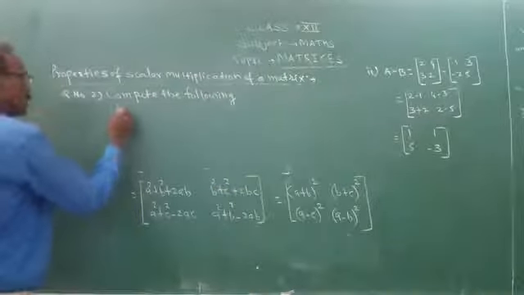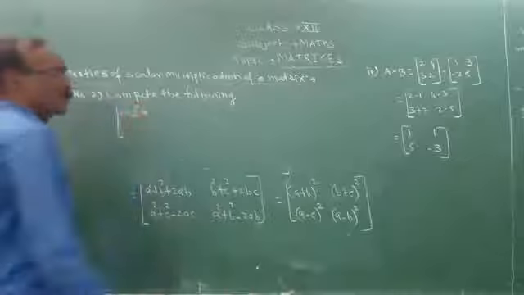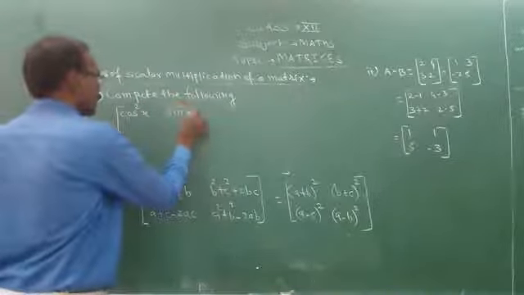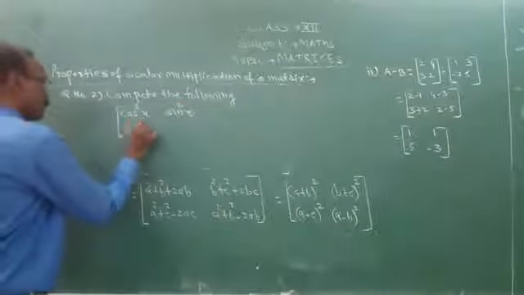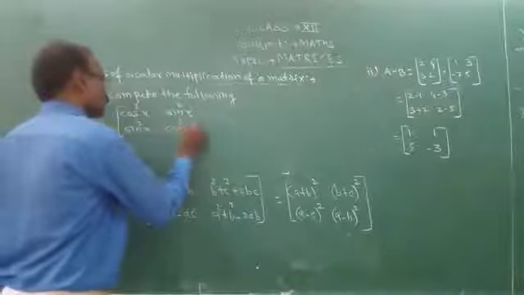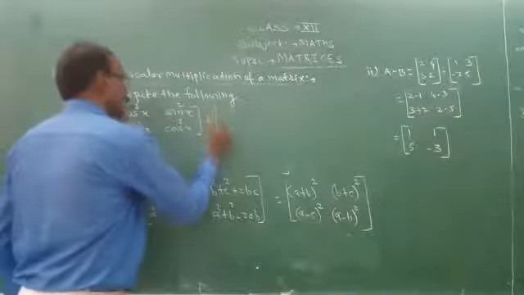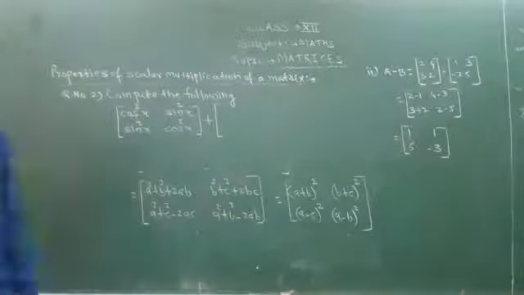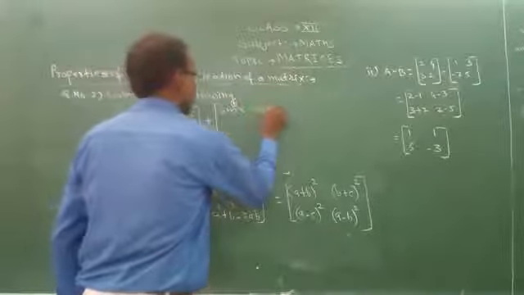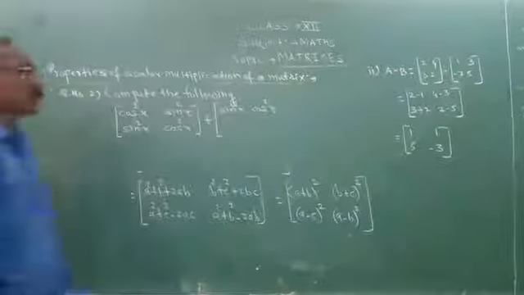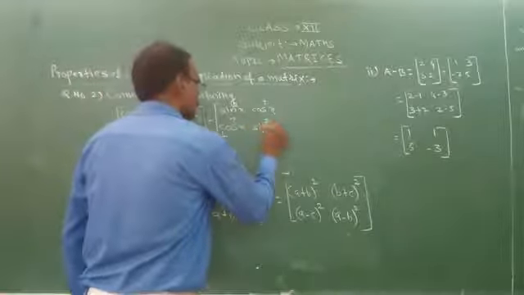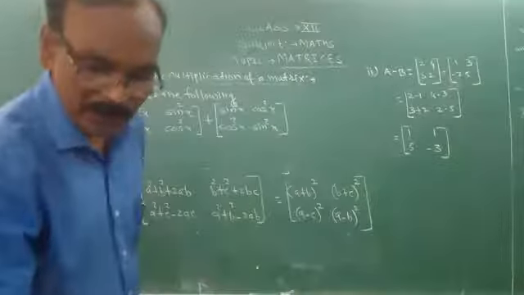This is cos square x, sin square x, sin square x, cos square x, plus you have to add these two matrices: sin square x, cos square x, cos square x, sin square x. Okay, add this.